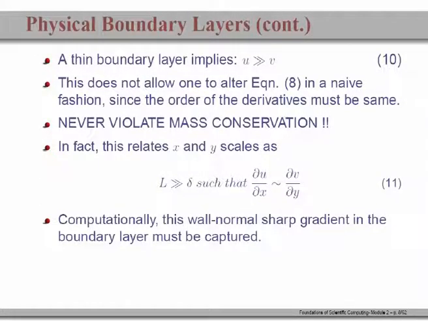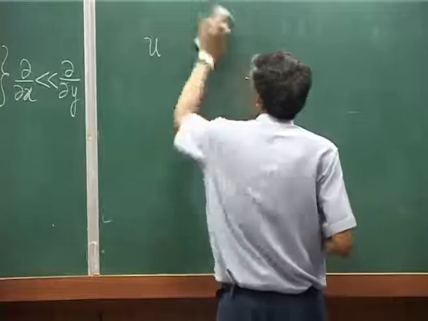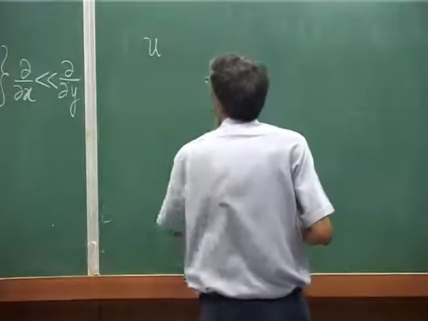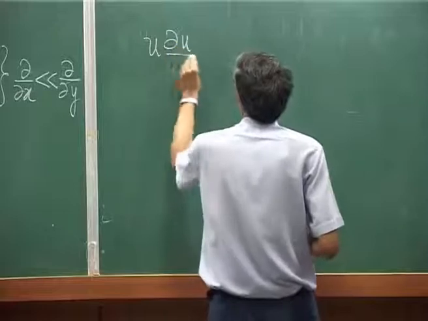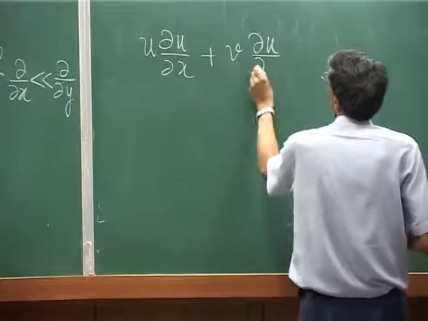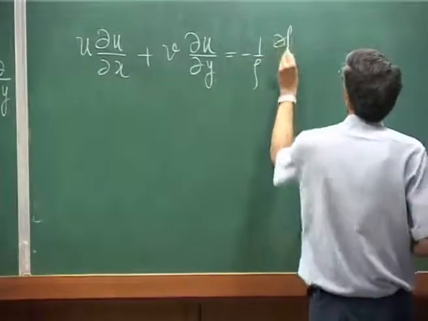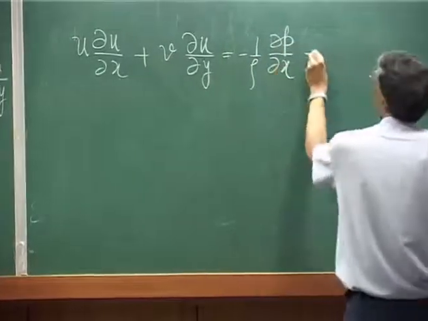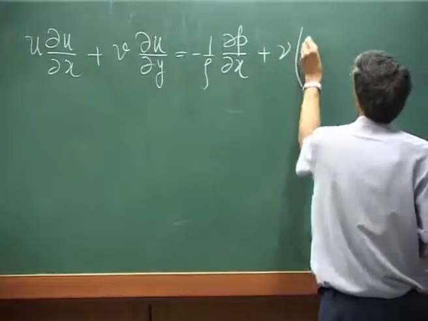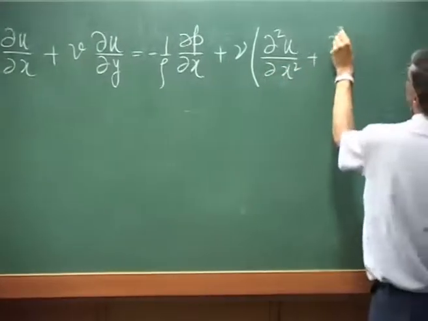Let us look at the momentum conservation principle, or the momentum equation, right. So, if we are looking at steady flow, as we are, this is your nonlinear term which we talked about, this is the pressure gradient term, and this is what we have in the Navier-Stokes equation, the diffusion term.